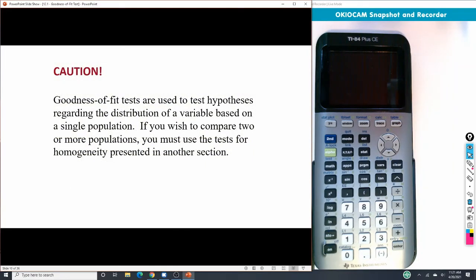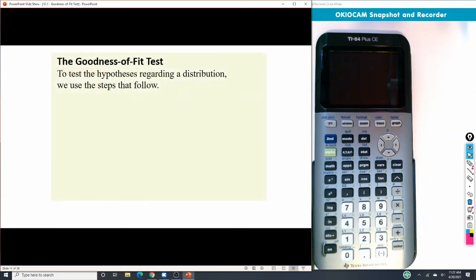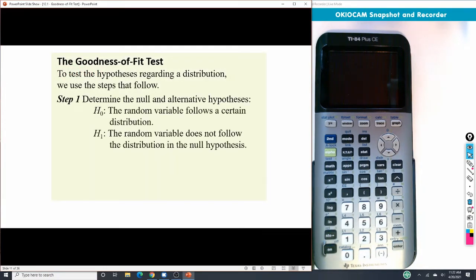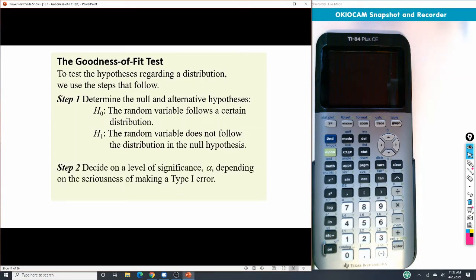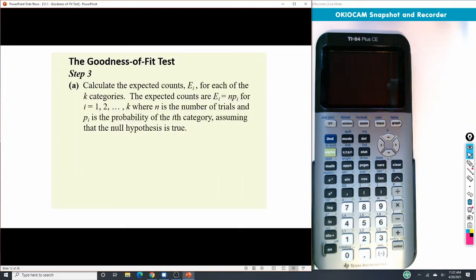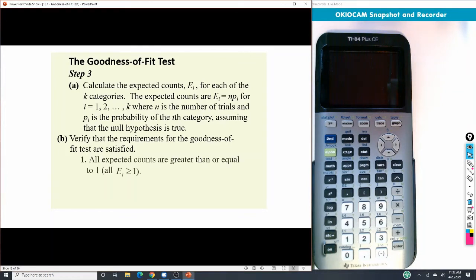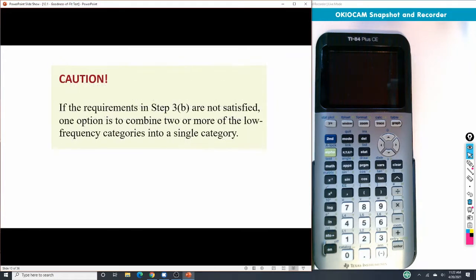Goodness of fit tests are used to test hypotheses regarding the distribution of a variable based on a single population. We first need to determine our hypotheses, null and alternative, and the level of significance. Then we calculate our expected counts and verify the requirements: all expected counts are greater than or equal to 1, and no more than 20% of the counts are less than 5.